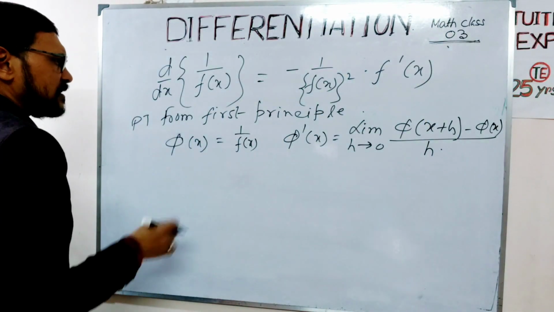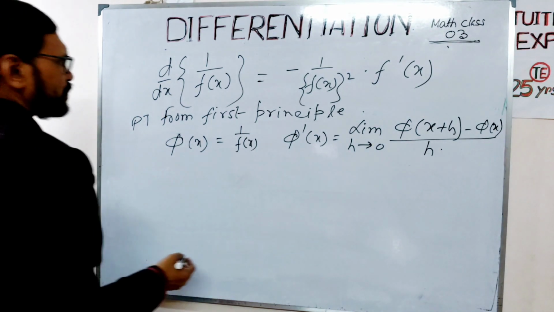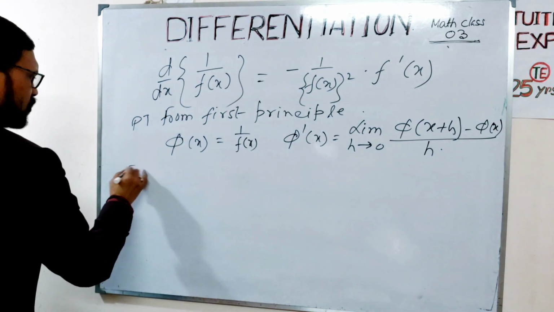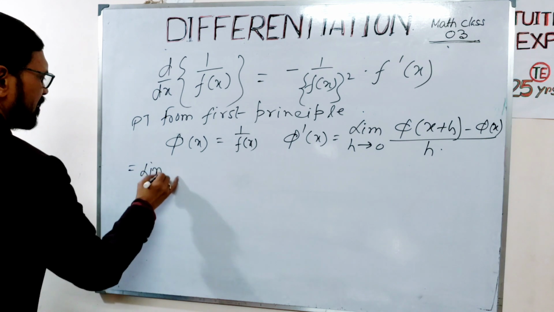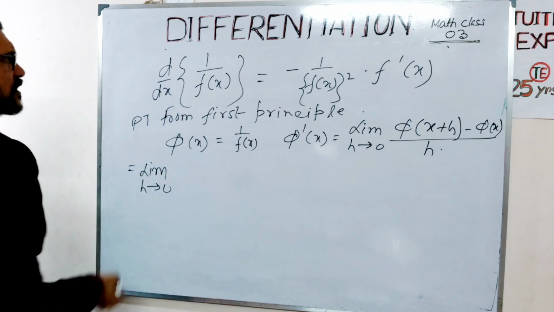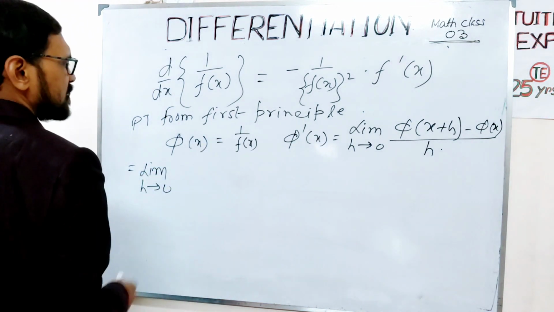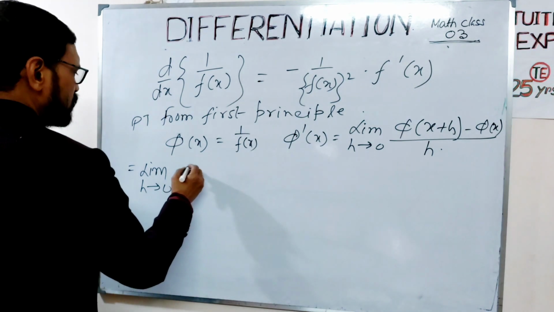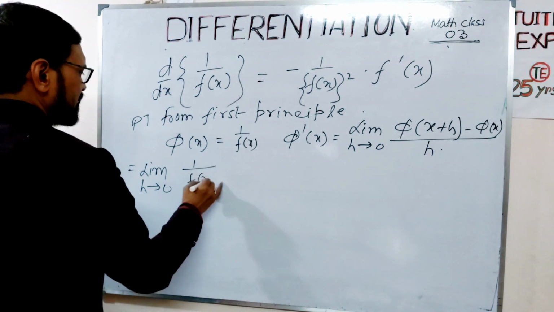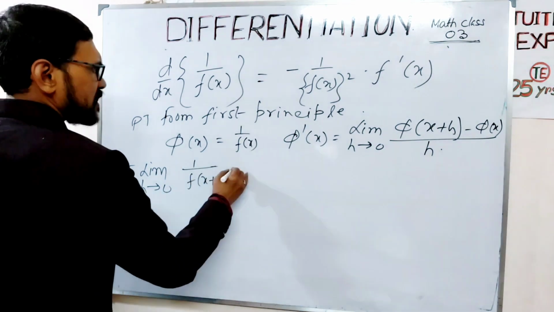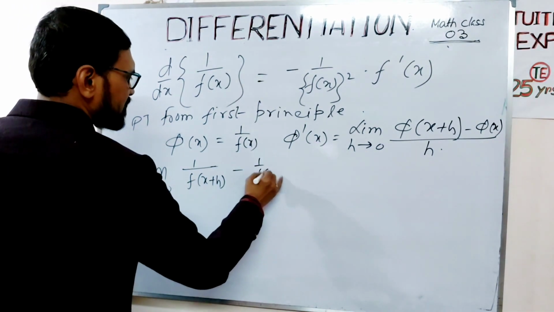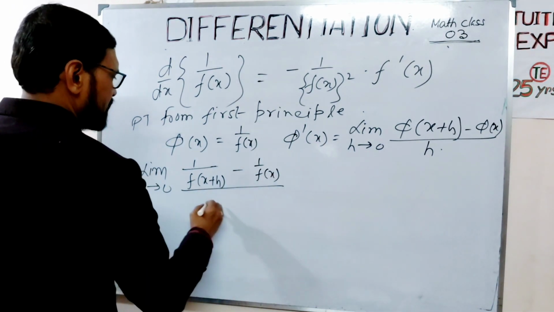We use this formula. Now phi x equals this, so phi of x plus h equals 1 by f of x plus h, minus phi x equal to 1 by f x, divided by h.